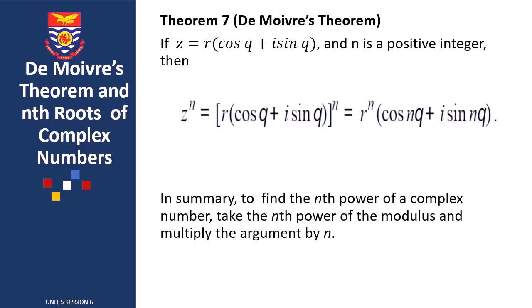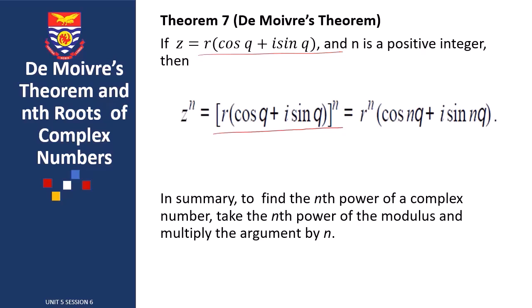So theorem 7, De Moivre's theorem. If z equals r (cos θ plus i sin θ), and n is a positive integer, then I ask you to think of that: z raised to the power n, what do we get? Z raised to the power n is the same as the expression raised to the power n, and then it becomes r to the power n (cos nθ plus i sin nθ).